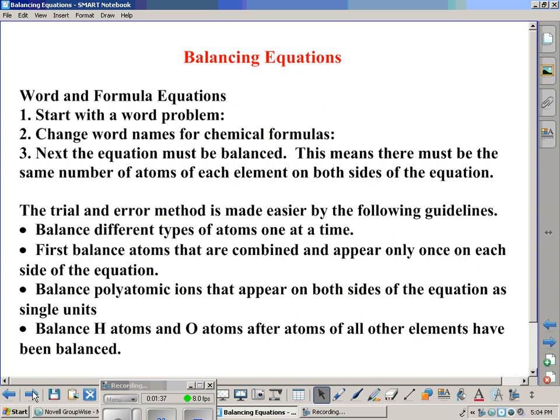If you have a sulfate, don't try and balance the sulfur and the oxygen separately. It's often easier to balance two sulfates with two sulfates, for example. And finally, balancing hydrogen atoms and oxygen atoms after atoms of all other elements have been balanced can make it easier, because often hydrogen and oxygen can show up all by themselves.